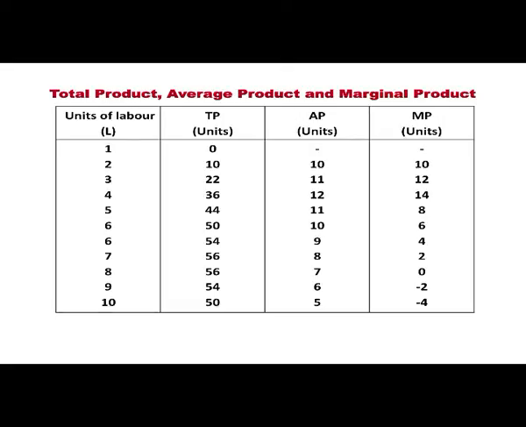And this leads us to a very interesting fact in economics, which is known as the law of diminishing marginal product of labor. In other words, after increasing temporarily for some time, the marginal product of labor eventually decreases.